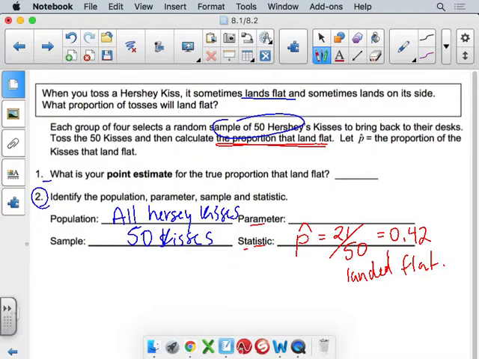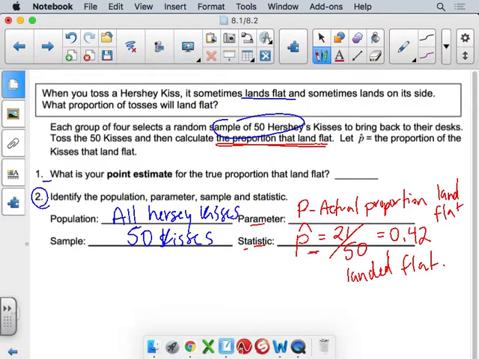The parameter, which we don't know, would be p. If I threw all the Hershey Kisses forever and ever on the ground, what's the actual proportion that would land flat? We have no way of knowing this, so we're just going to estimate it. Actual proportion landing flat versus a sample proportion.